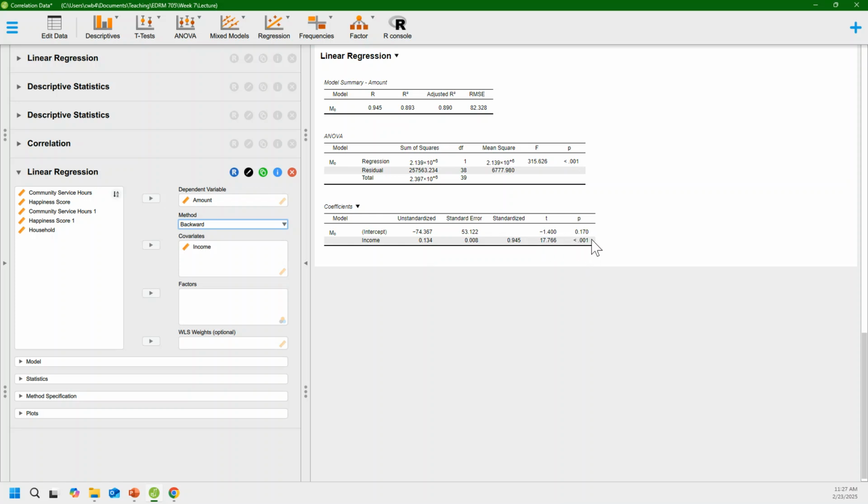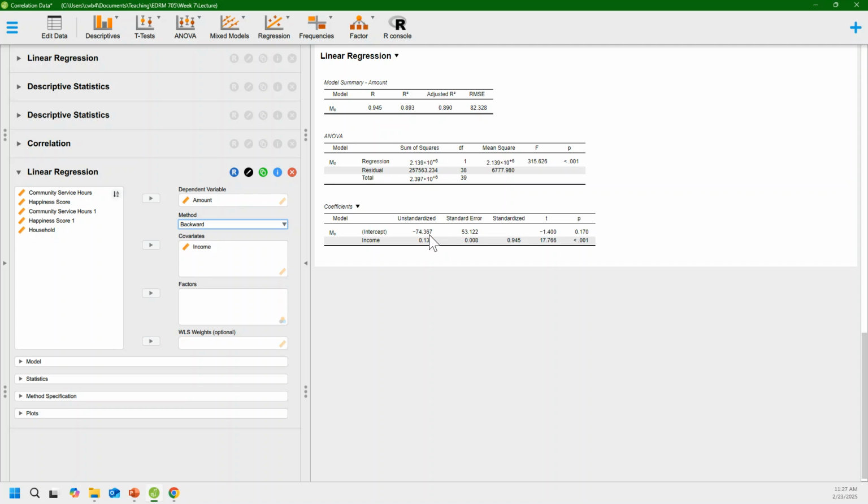I also wanted to let you know here, this is probably one of the reasons why we don't always focus on the intercept. Sometimes the intercepts don't have meaning in real life. For instance, here I get a negative intercept. The intercept is the value of y when x equals 0. That means when your monthly income is 0, this is what we expect the amount spent on groceries is, negative $74.367.